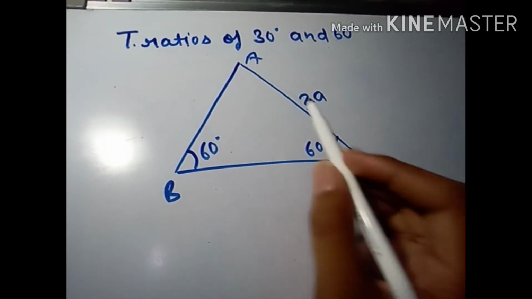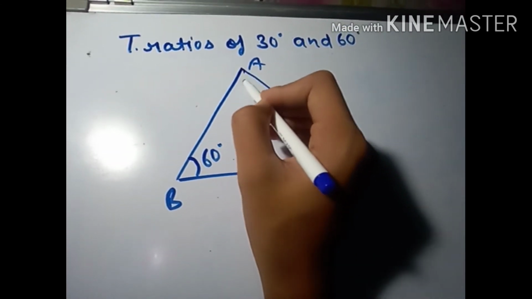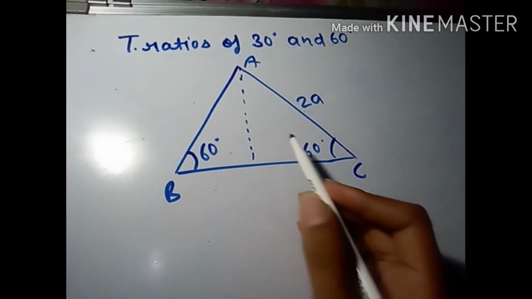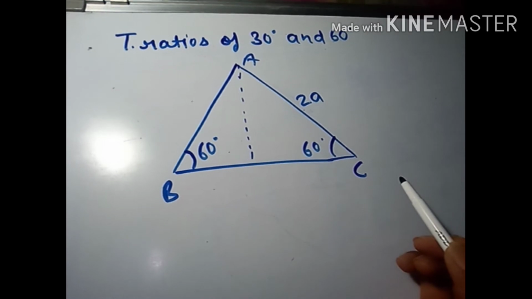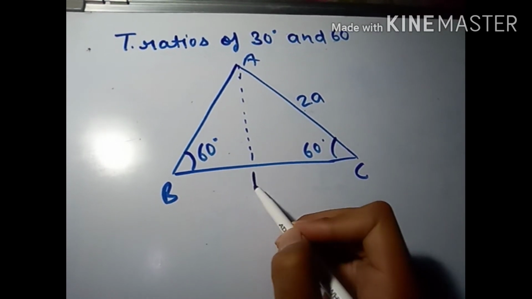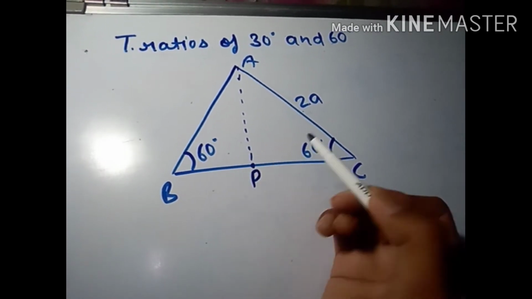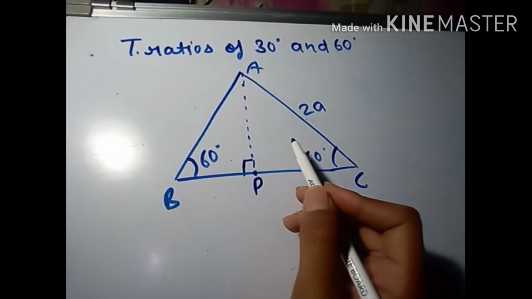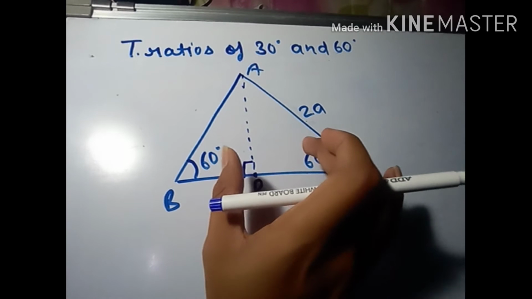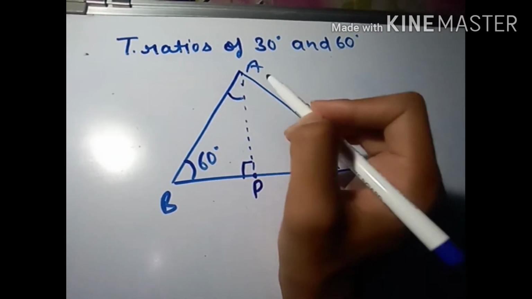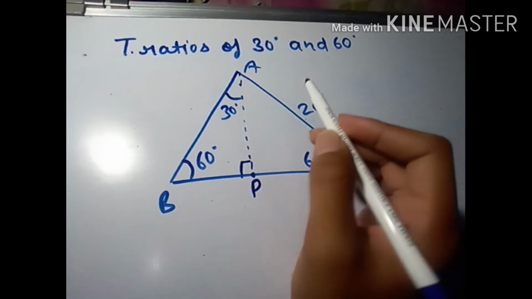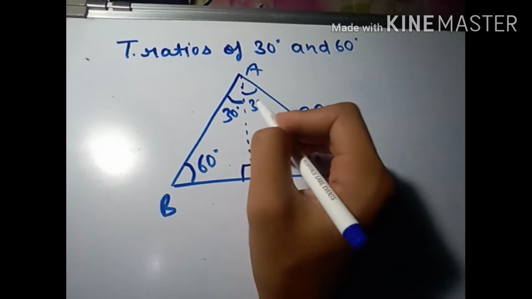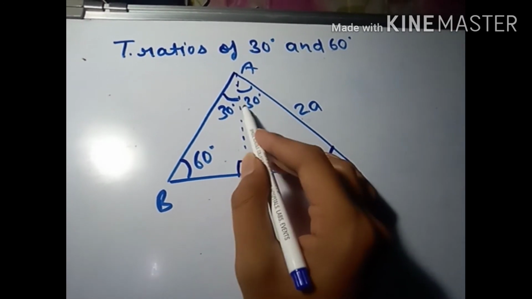Understand? First of all, let us draw a median from A to the side BC, and it meets at point P. So this is at 90 degree because of the symmetry of this equilateral triangle, and this angle will be equal to 30 degree because previously it was 60 degree, and on dividing it becomes 30 degree.